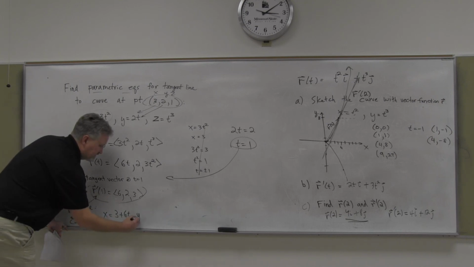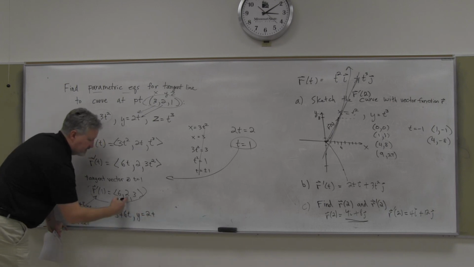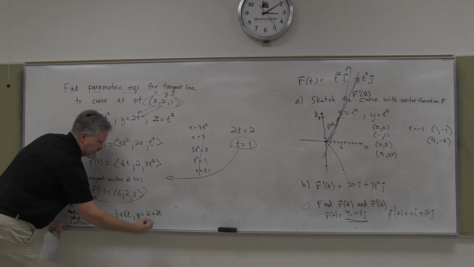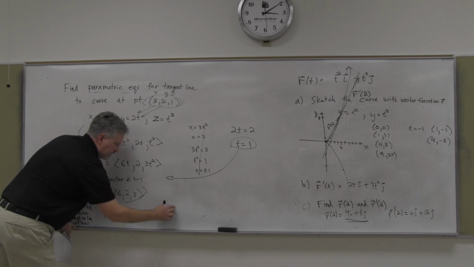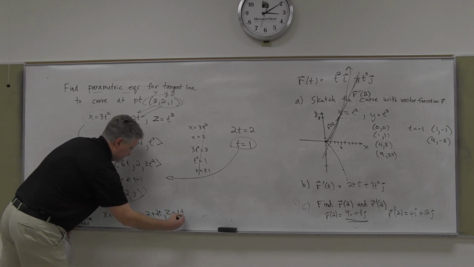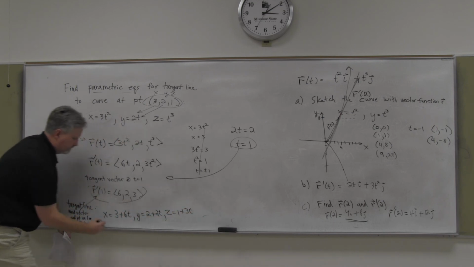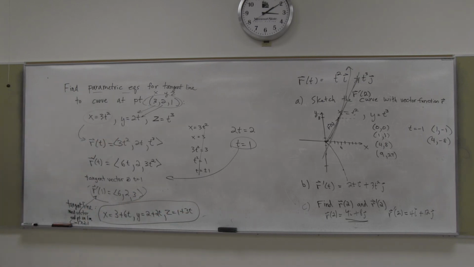And then the y, do the same thing: the y value plus the y component of the vector times t. And then the z part of the line would be 1 plus 3t. Good? Make sense? Good with that? Okay.